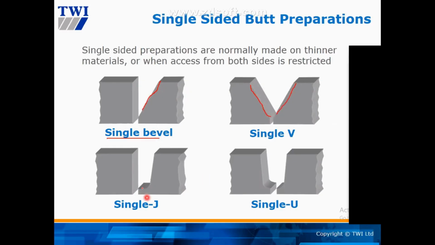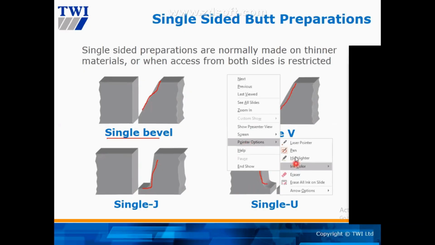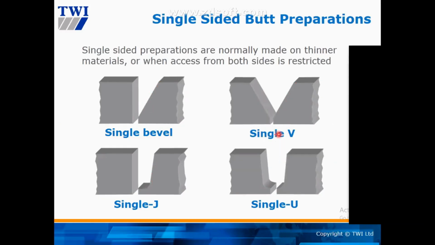We can have single J, or maybe single U. If we compare single V and single U, single V, for the same thickness, will give more weld volume, and also bigger shrinkage.